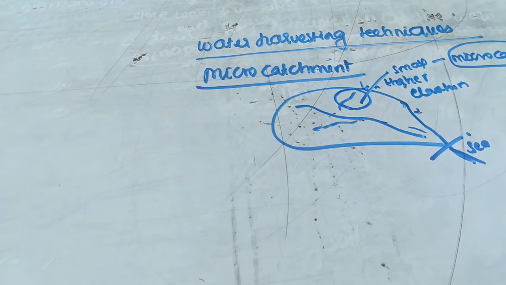A micro catchment is a specially contoured area with slopes and berms designed to increase the runoff from rain and concentrate it in a planting basin, where it infiltrates and is effectively stored in the soil profile.